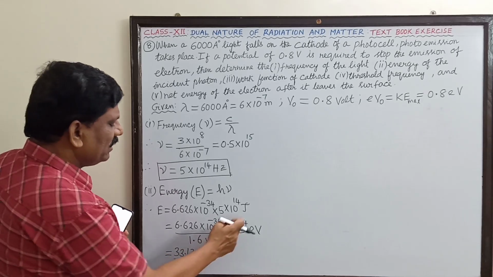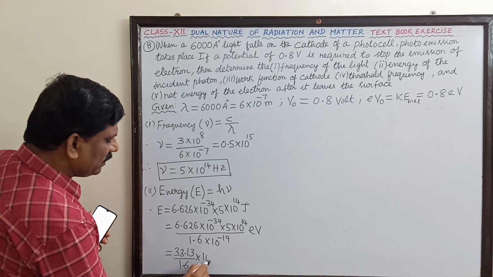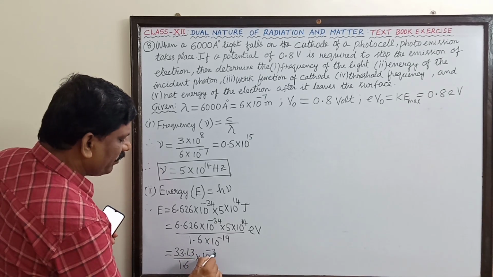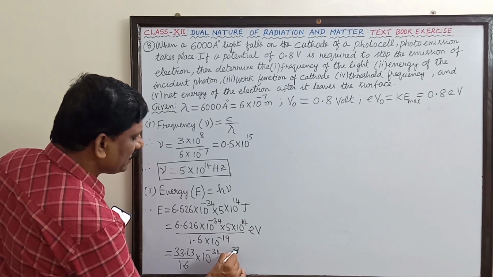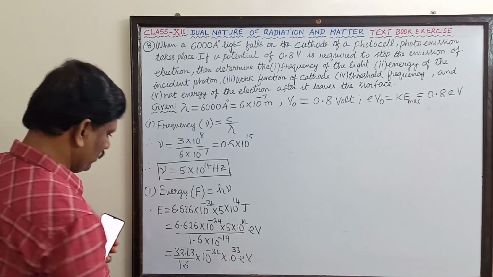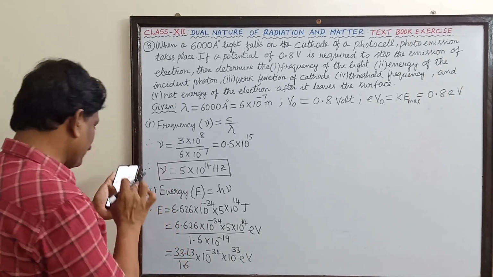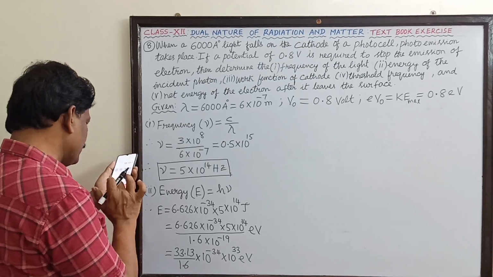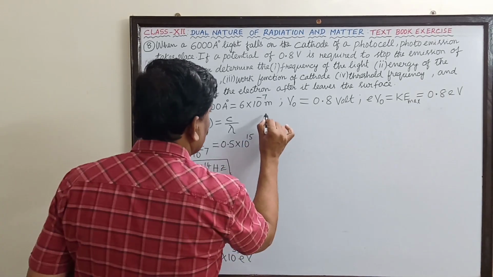So this is 10 power minus 34 into 10 to the power of 19 plus 14, which is 33. The unit is electron volt. Now let us divide 33.13 by 1.6. This is equal to 20.7.